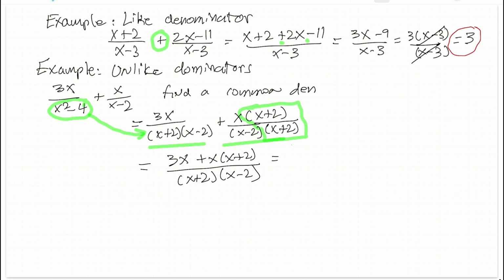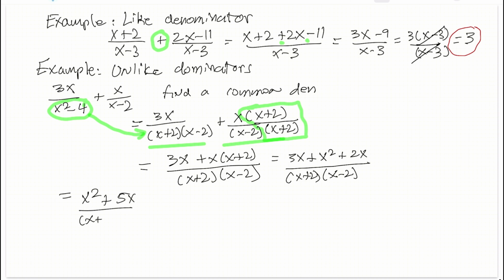We're going to get 3x plus x squared plus 2x over x plus 2 times x minus 2. So we realize we can reduce this further. Basically, it's going to be x squared plus 5x over x plus 2 times x minus 2.